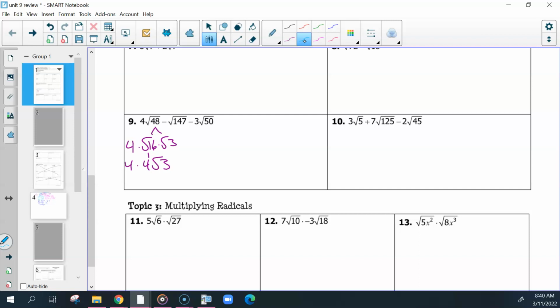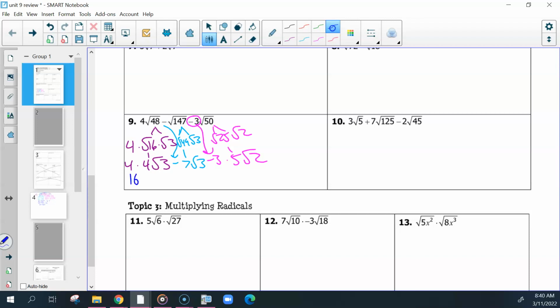Would be 49 and 3. Seven times the square root of 3, and then 50 would be 25 and 2. So 5 times the square root of 2. Simplify all of that.